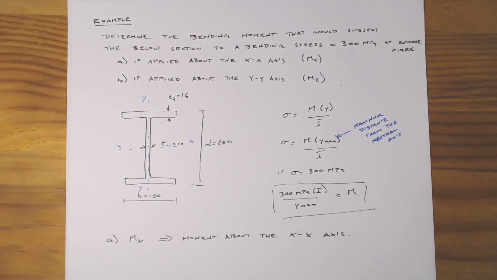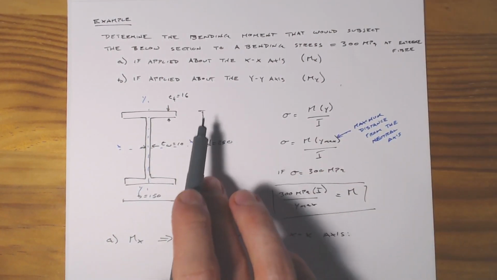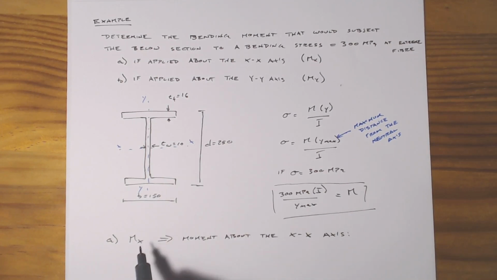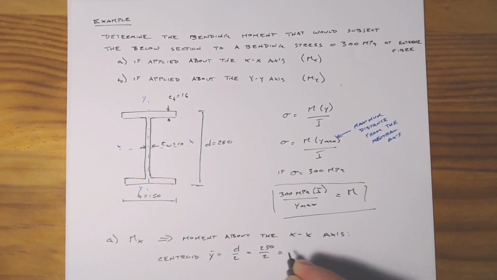The first thing we need to know is, we've got a symmetric cross-section with a depth of 250, and so we need to find the centroid, and that's simply going to be half the height. Y bar equals d over 2 equals 250 over 2 equals 125 millimeters.